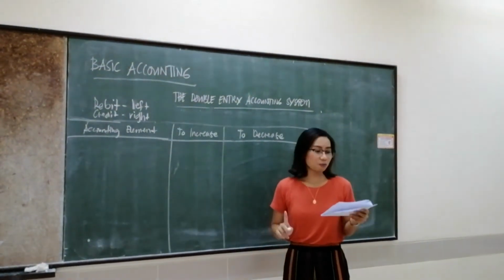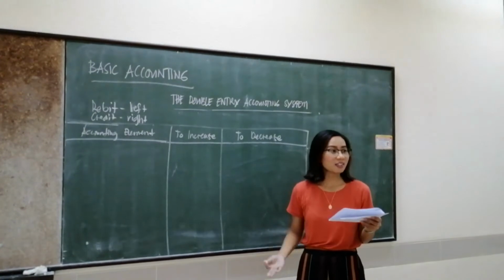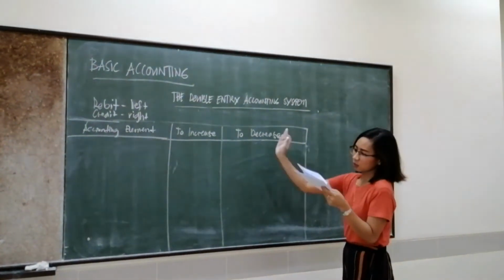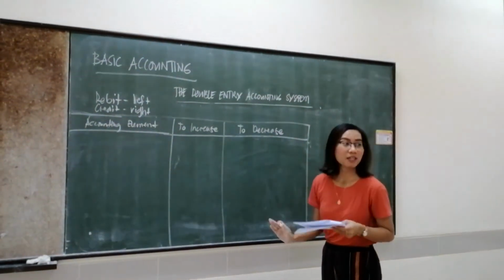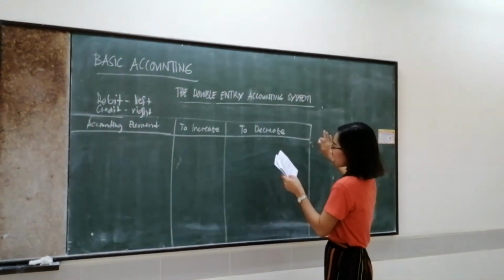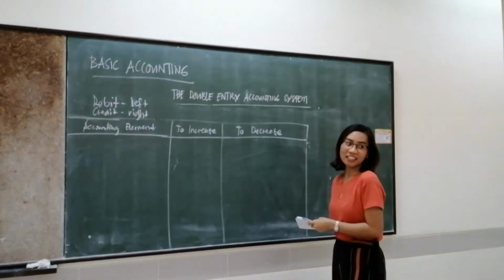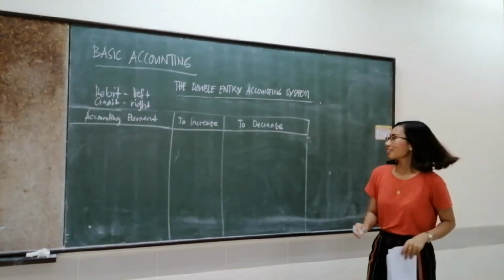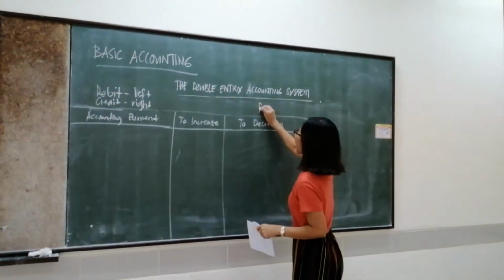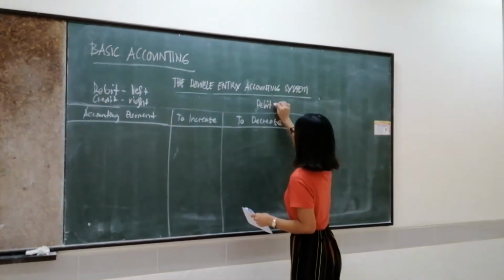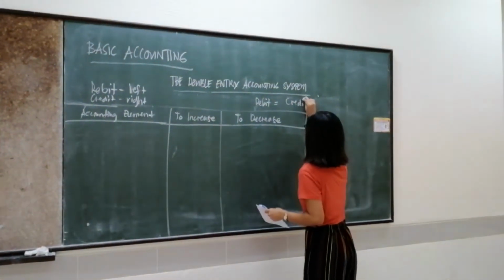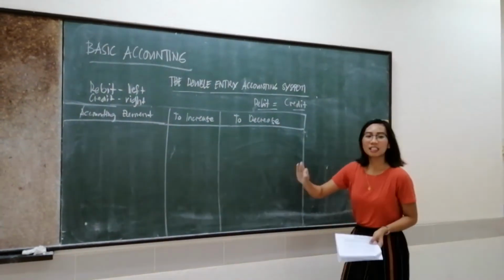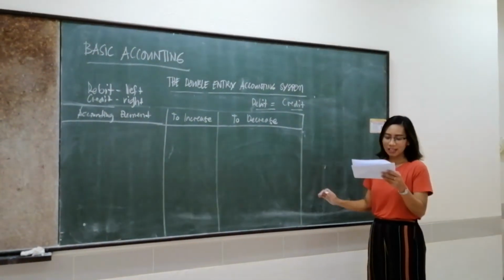So because of the twofold effect or duality effect of transactions, the total effect on the left or the debit side will always be equal to the total effect on the right. Hence, the famous line, debit equals credit. Whatever amount in the debit side should equal the credit side.